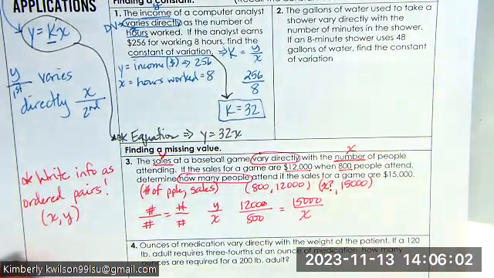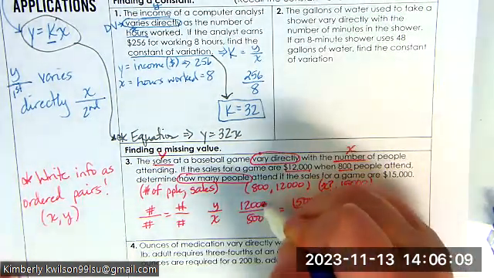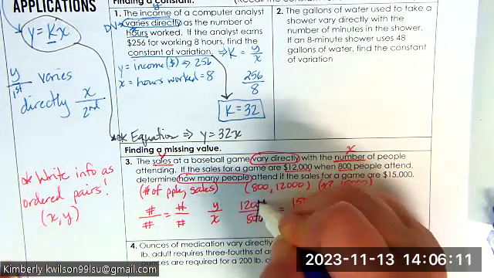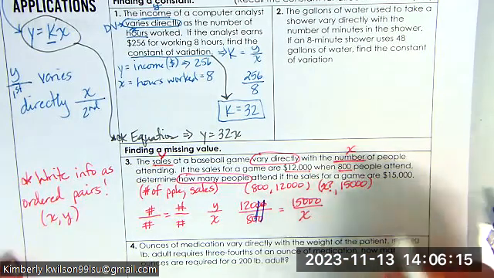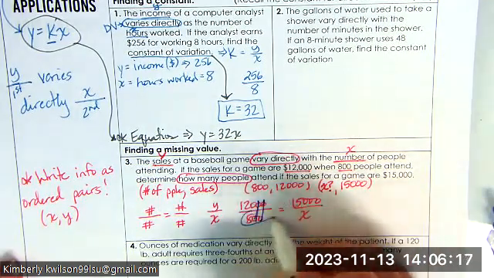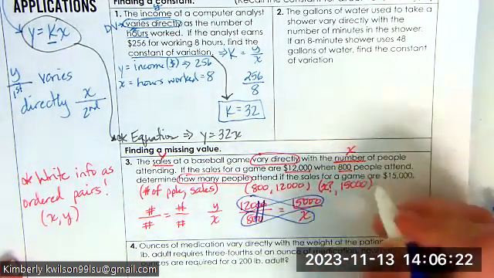And now we simplify. I can simplify this fraction to become 120 over 8. And then we multiply diagonally.